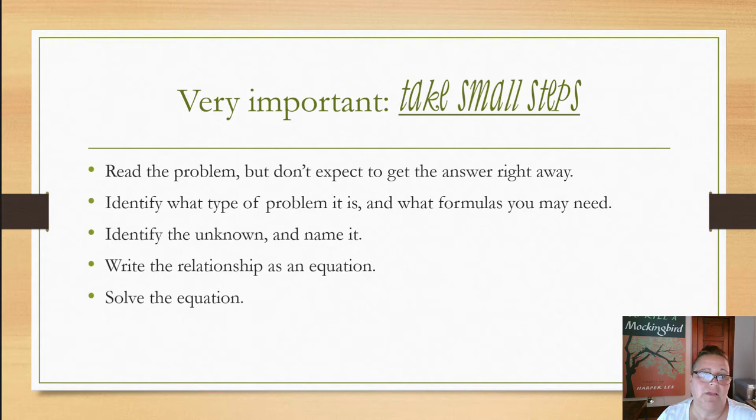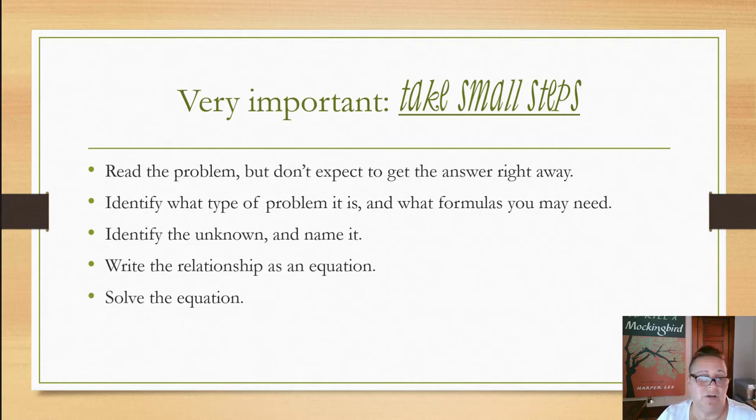This is absolutely fine. My suggestion is that you identify the type of problem that it is and what formulas you may need. Most of what we'll be doing are called total problems, in that you will be given a total and some parts to find. If there is an unknown, identify it, name it, call it out, write that part down.